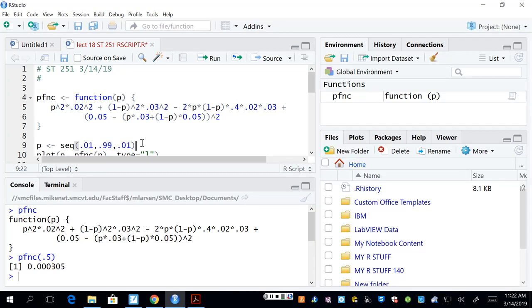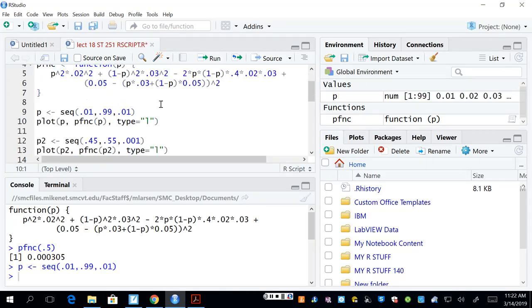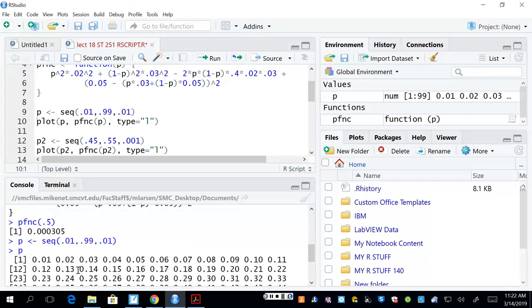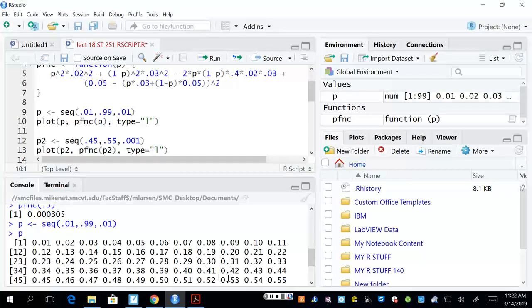If I set up a sequence of values, this thing sets up a big sequence, and it will evaluate that function at every value of those p's. So my p now is all these decimals.